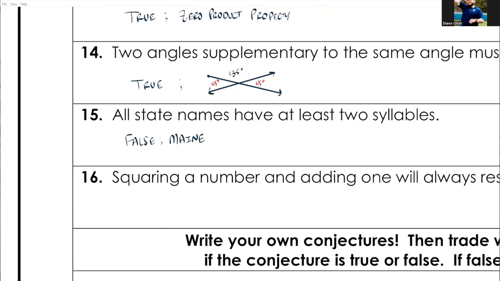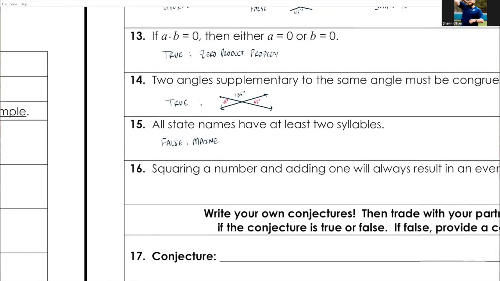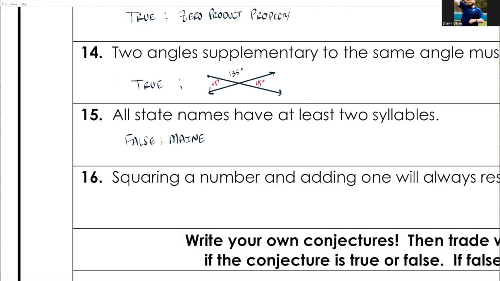Maine? Iowa. Ohio's got 2, yeah. It's Maine. The answer is Maine. Yeah, it's just Maine.